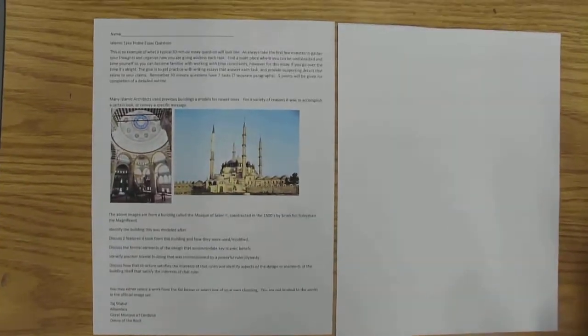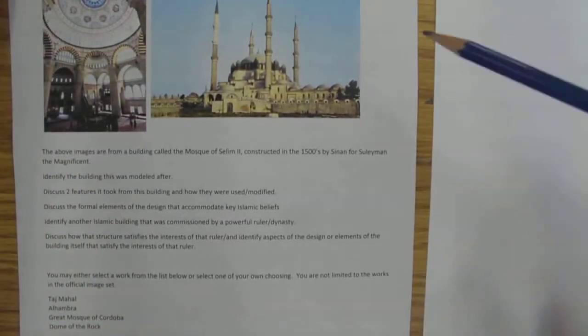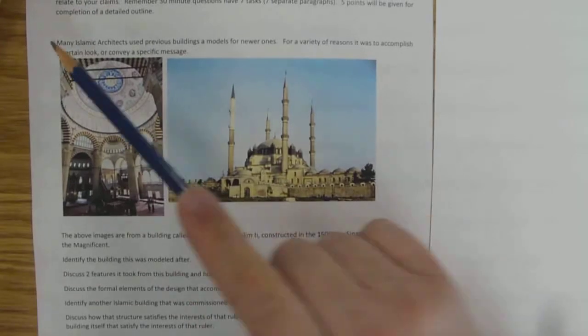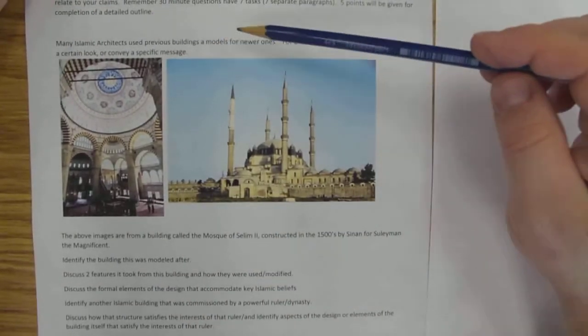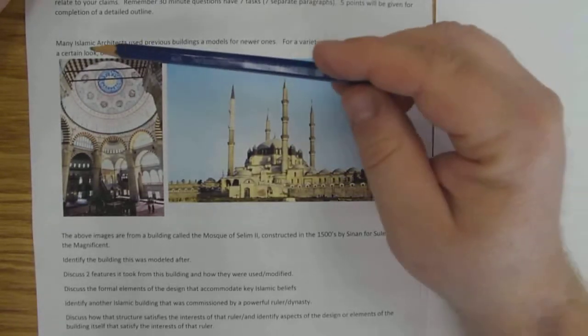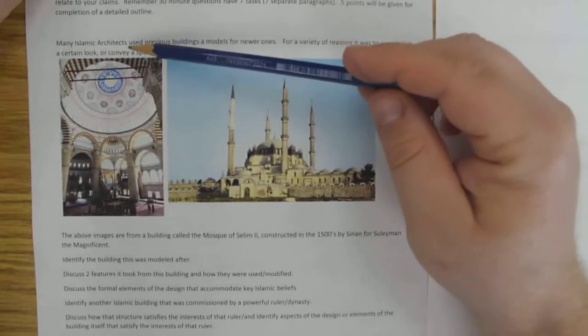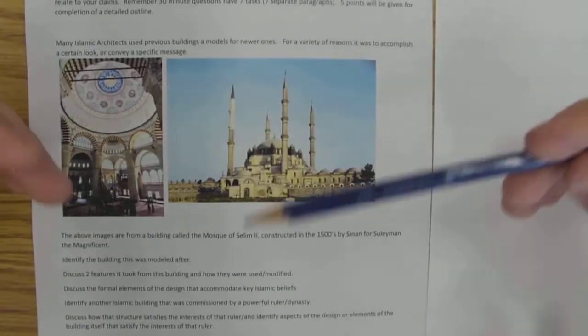So I'll zoom in here real close so you can actually kind of see what the question is, and then we'll break this up. Okay, so the setup is many Islamic architects use previous buildings as models for newer ones. For a variety of reasons, it was to accomplish a certain look or convey a specific message. Okay, this is kind of your introduction to the question.